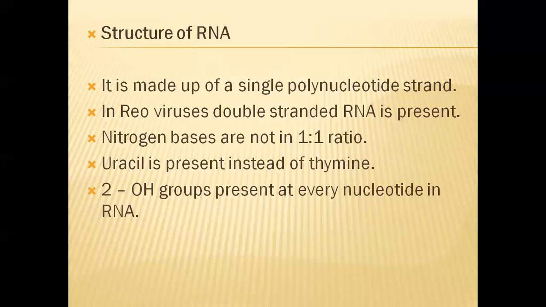According to Chargaff's rule, in DNA, purines and pyrimidines are present in a 1:1 ratio. But in RNA, there is no Chargaff's rule. Purines and pyrimidines are not in equal ratio. In RNA, uracil is present instead of thymine.